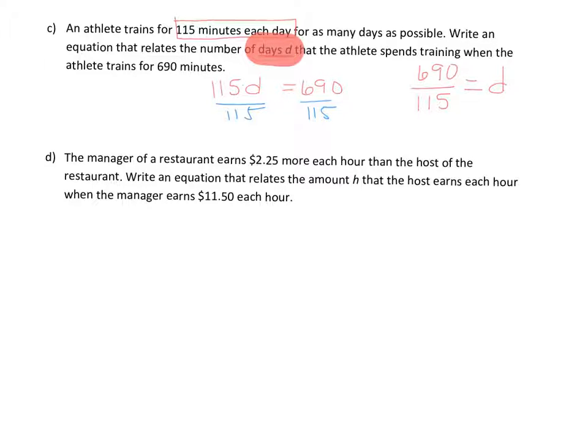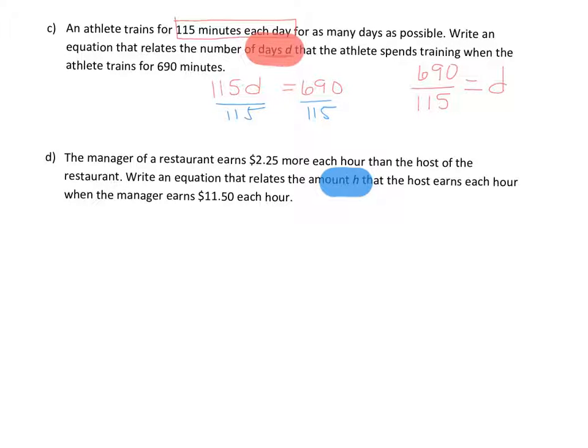Okay, so looking at D here, it says the manager of a restaurant earns $2.25 more each hour than the host of the restaurant. So manager's making a little more. Write an equation that relates the amount H, okay, so amount H here, that the host earns each hour when the manager earns $11.50 each hour, okay? So we know the manager makes more money.